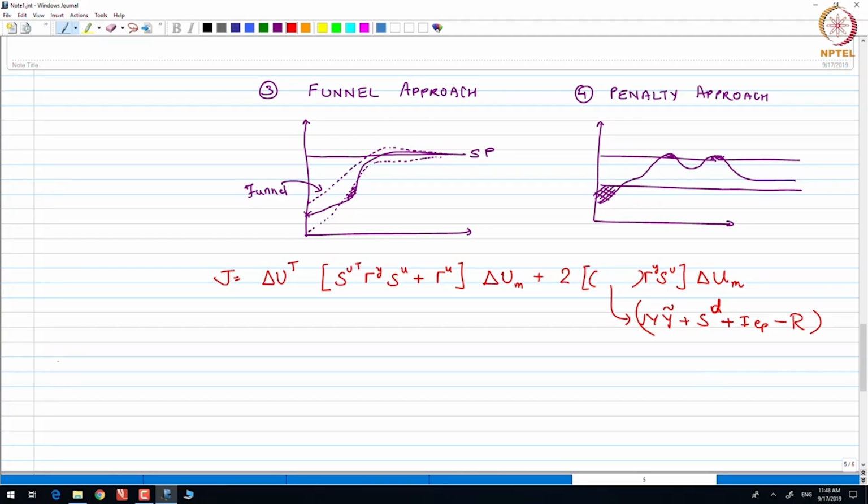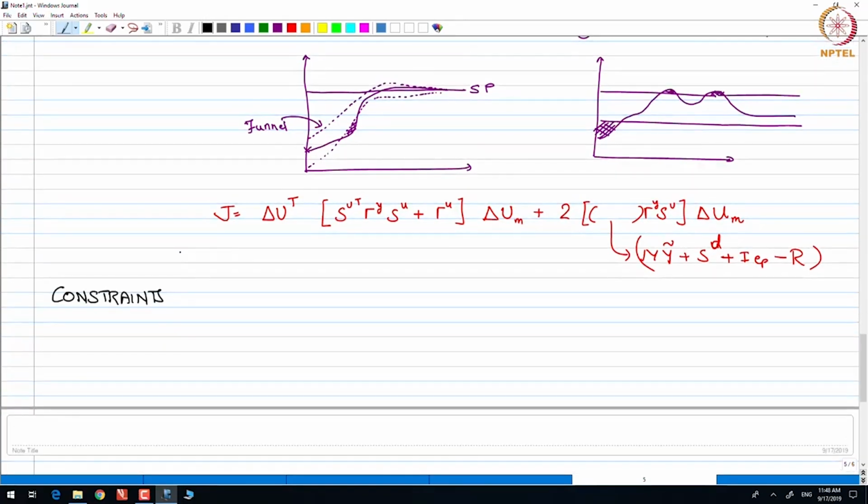Next is your constraints. And constraints, irrespective of which method it is, you are going to write in the exact same manner.